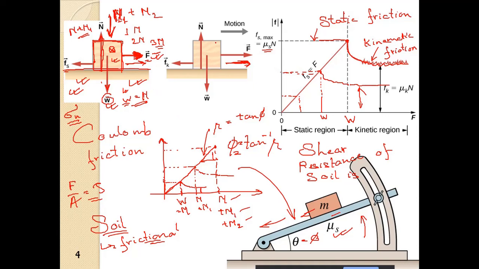We can consider this as one particle of soil, and there is another particle of soil, and there will be friction among all these particles. So the shear resistance of soil is basically developed from this friction.